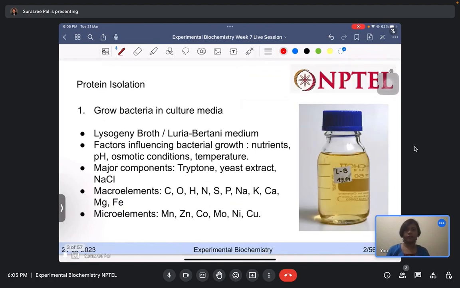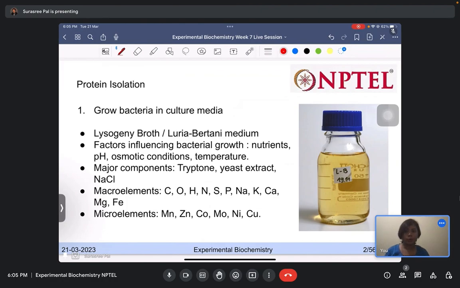So let's begin. Protein isolation for expressing the protein of interest. For expressing the protein of interest, we use several systems. We can use a bacterial system, we can use yeast to express our protein of interest, or we can use systems like mammalian cells.